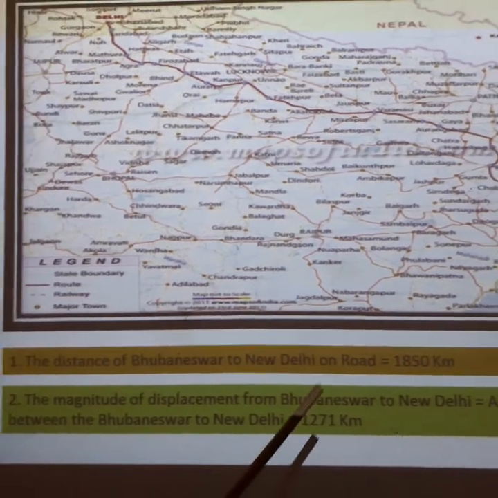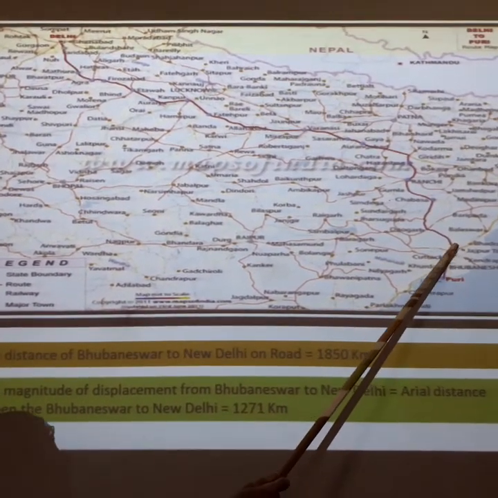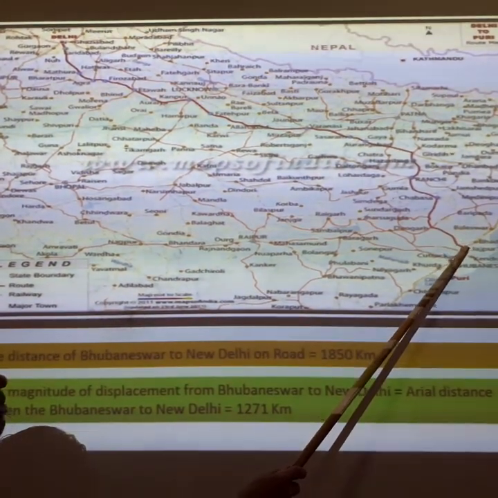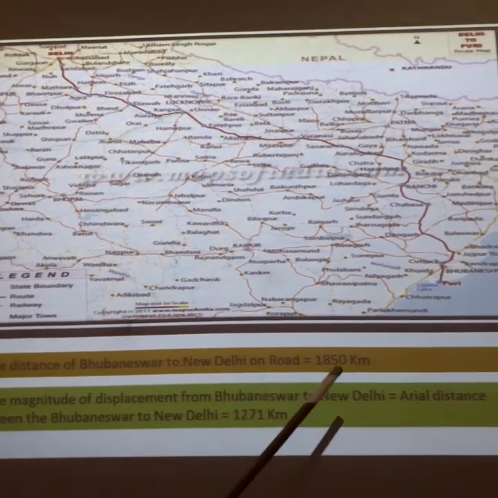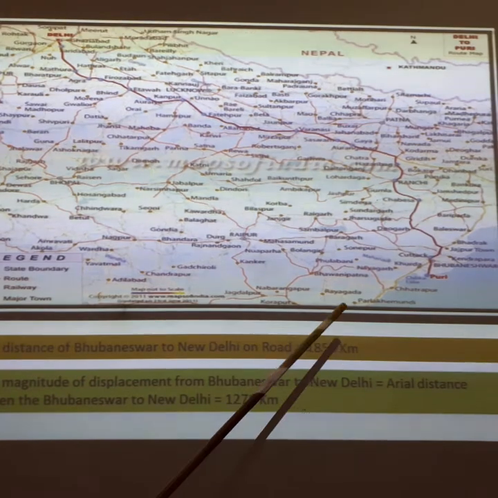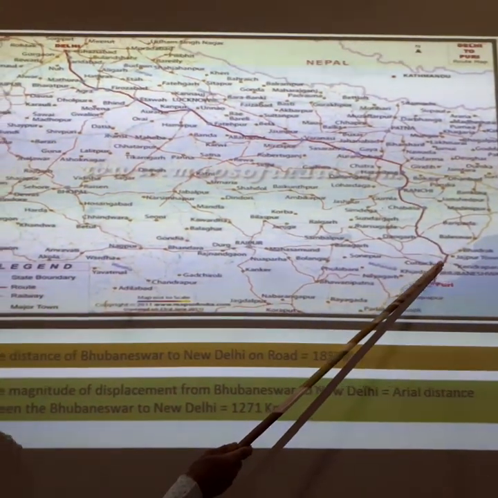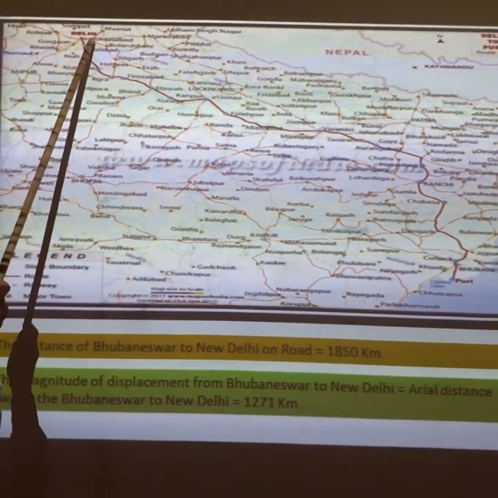Now, the question is, what will be the displacement from Bhubaneswar to New Delhi? According to the definition of displacement, we have to find the shortest distance from Bhubaneswar to New Delhi. So the shortest distance will be what?